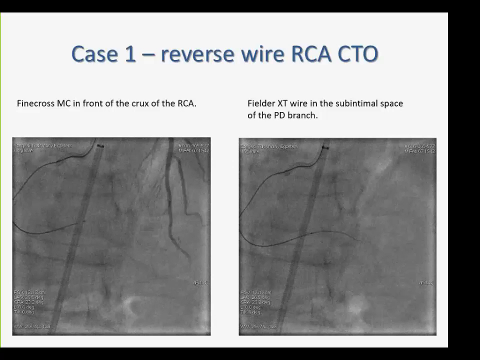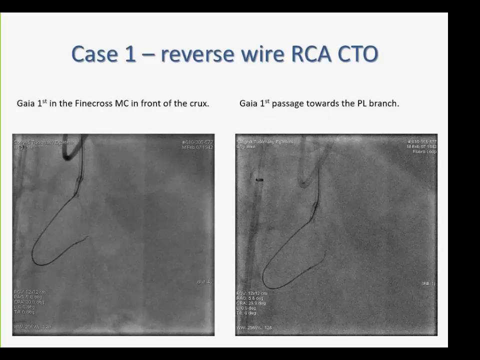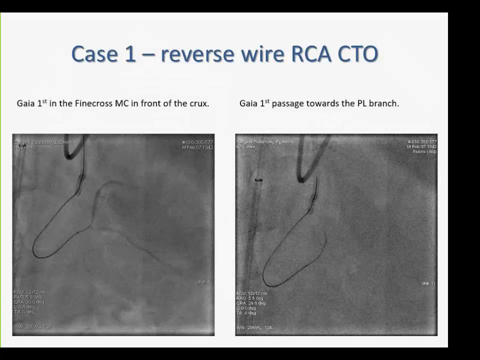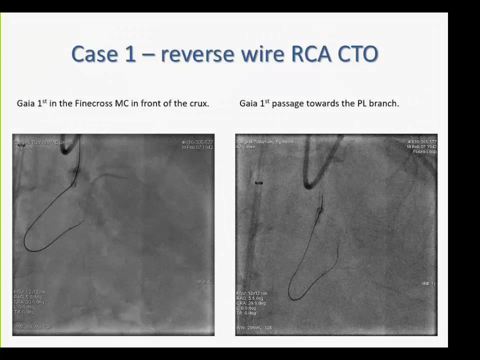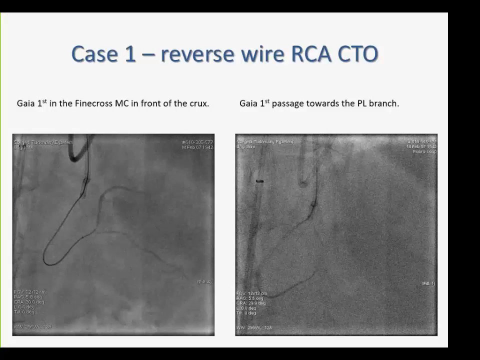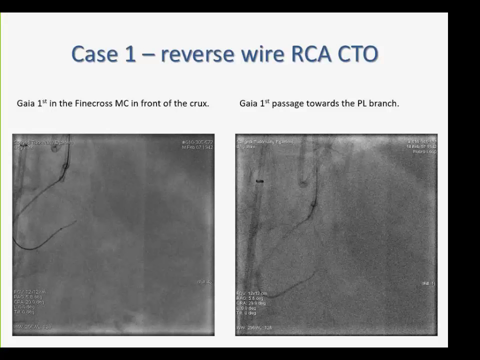Due to the subintimal passage of the Fielder, we changed to Gaia first, and finally with the Gaia we got into the posterolateral branch, not in the PD.